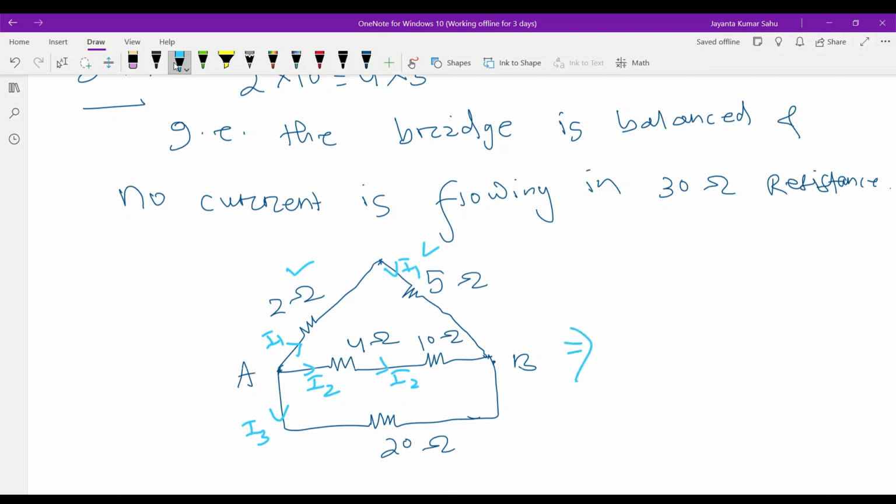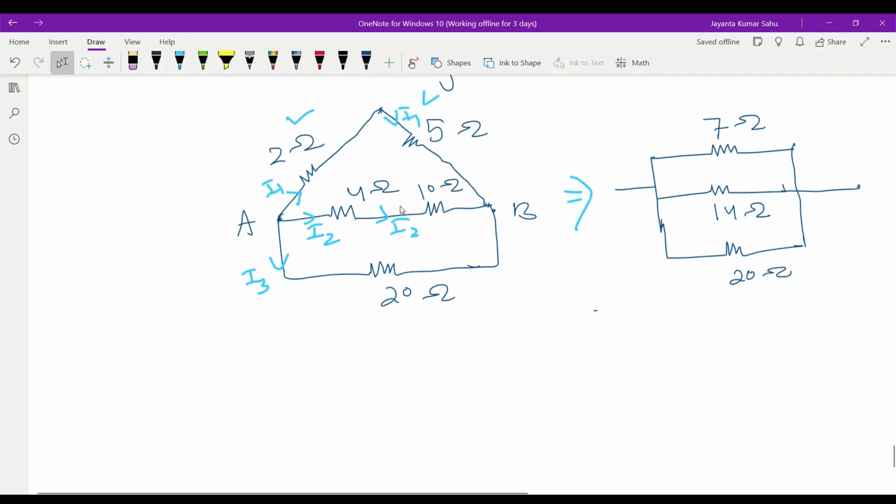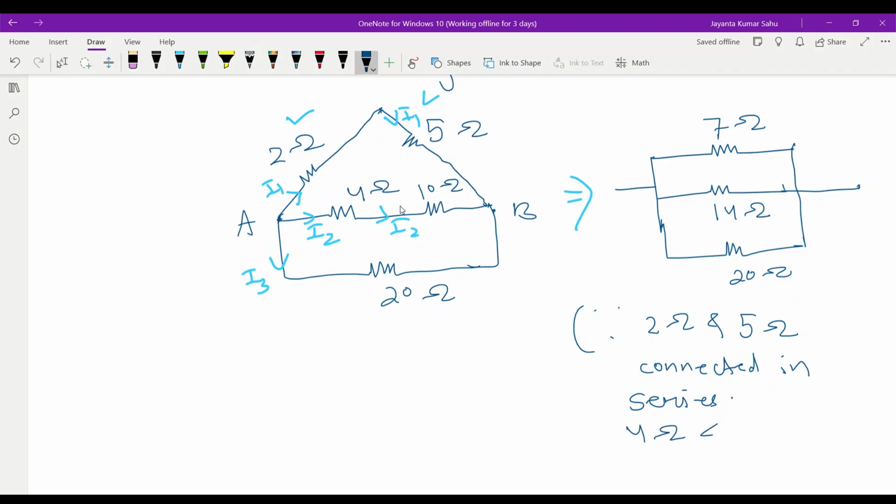Series connection means 2 plus 5 equals 7 ohm, then 14 ohm, and 20 ohm. Then we get the terminals A and B.